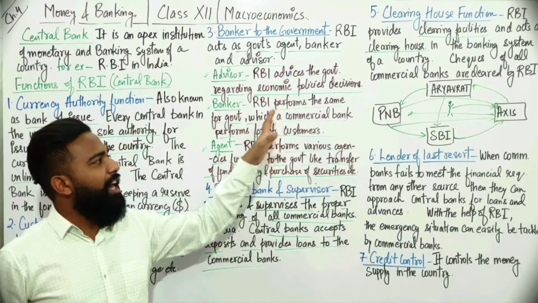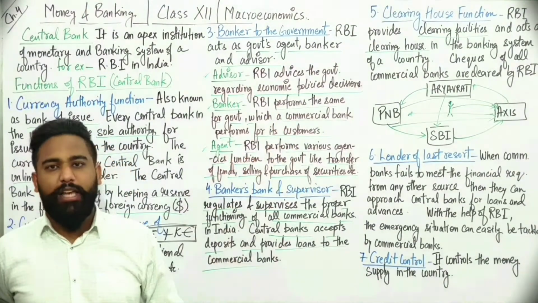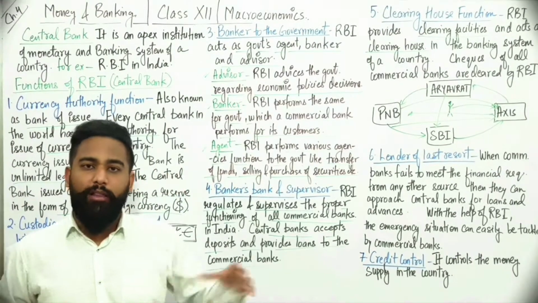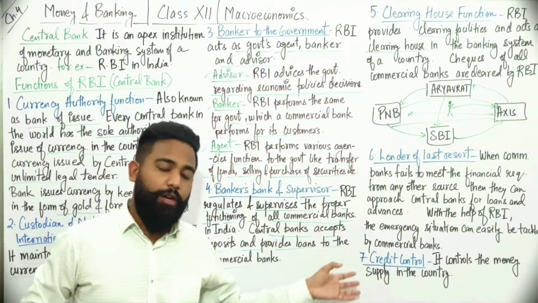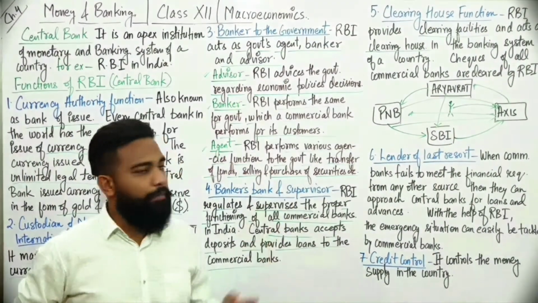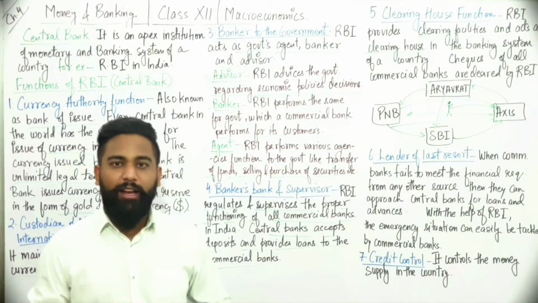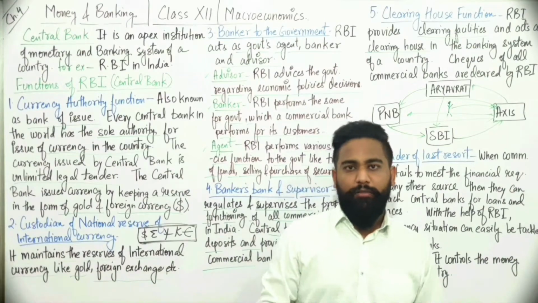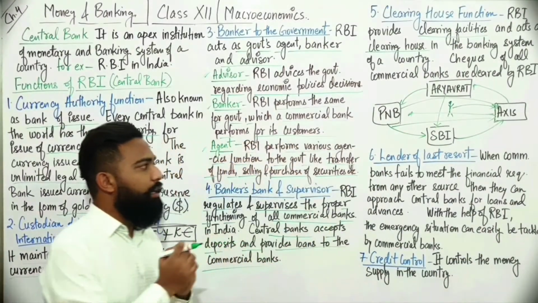So RBI helps them in clearing all the checks so that each and every bank gets the proper amount, they don't cheat, and they do not miss anyone's money. So that's why, while sending a check, there are almost 2 or 3 days before the amount clears.